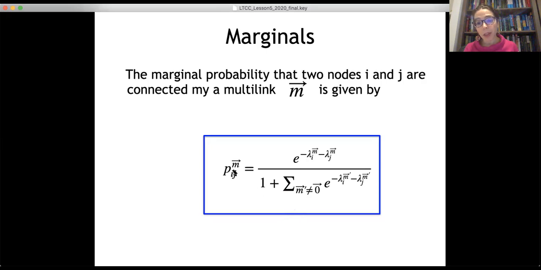Now we need to normalize, and the normalization should take into account the fact that we might not have any non-trivial multilink, so we might have only the multilink 0, 0, or we might have any of the different types of multilinks. So we need to sum over all the multilinks that are different from 0, 0 of a similar term of this type.